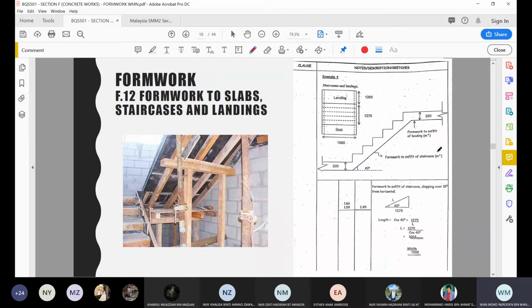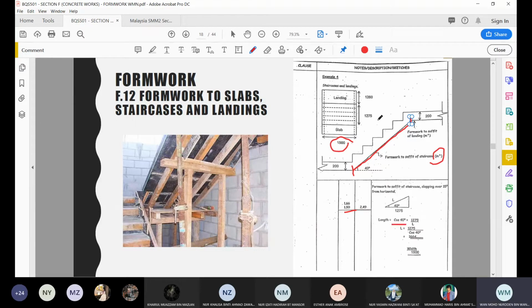Okay, one more example. How do we get the calculation for this sloping area, formwork to soffit of staircase? It's in square meter. The width is 1.5 meter, so 1.5. For the length, we use the theorem, or we use cos 40.